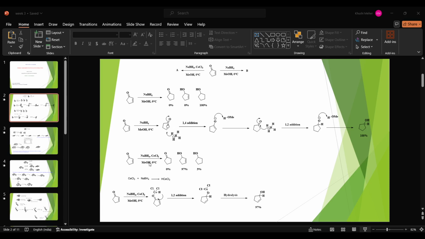So we won't get the ketone, but we will get some product of the alcohol, and selectively the allyl alcohol we get as a 97% yield. These are the reported ones. I'm not putting the reaction, but these are reported from our literature survey. In the journal paper they have published and reported that they got 3% of the alcohol and 97% of the allylic alcohol, and they didn't get anything of the cyclopentanol.